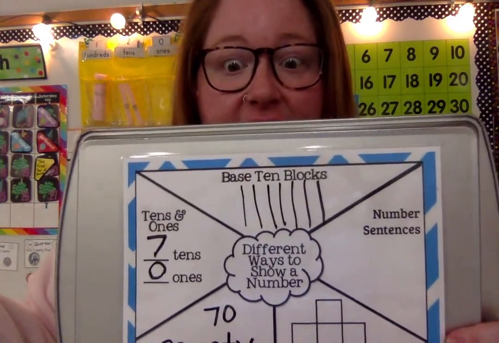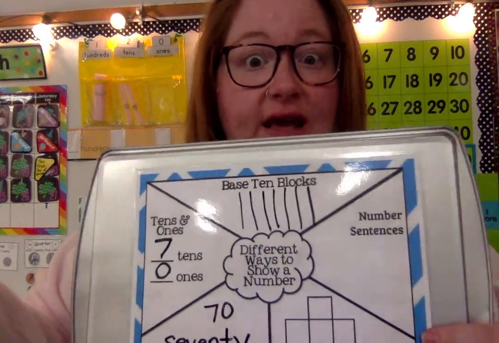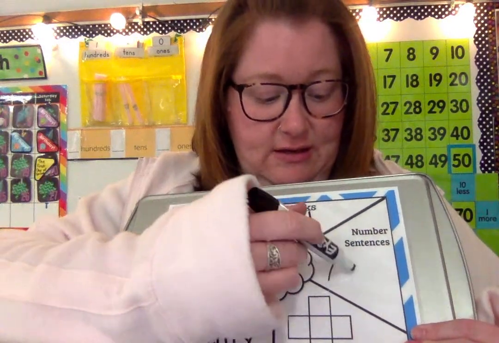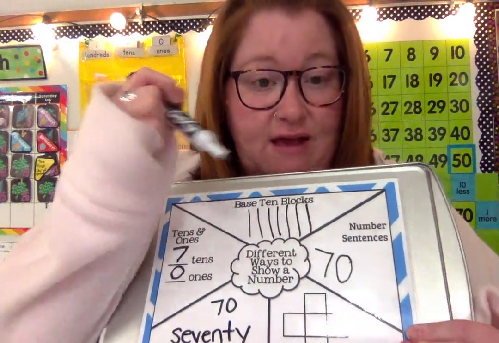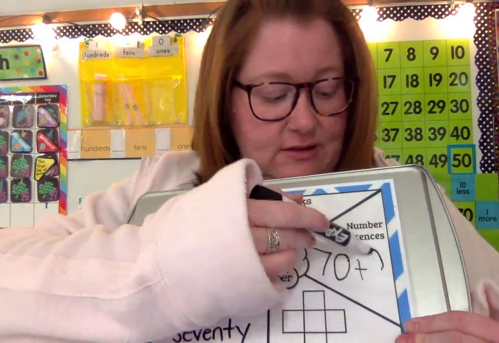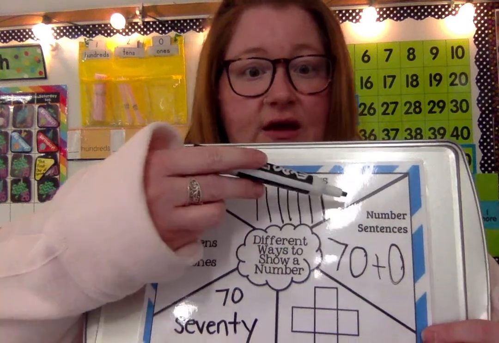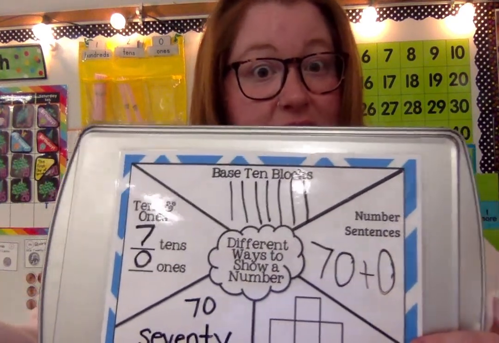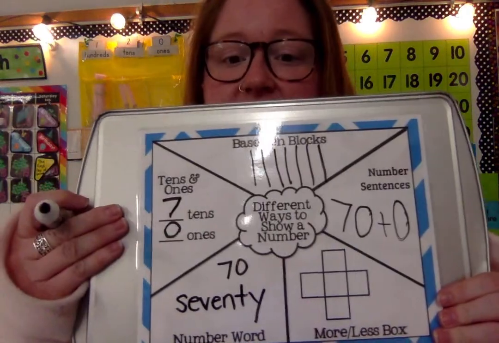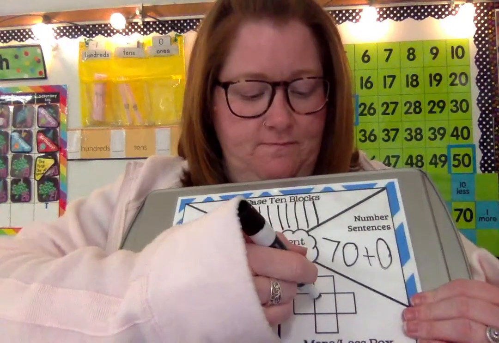We don't need any ones. So 70 is the same as 70 plus 0, right? That 7 tens are equal to 70. There's 0 ones. Nice job. Okay, 70 is our number.